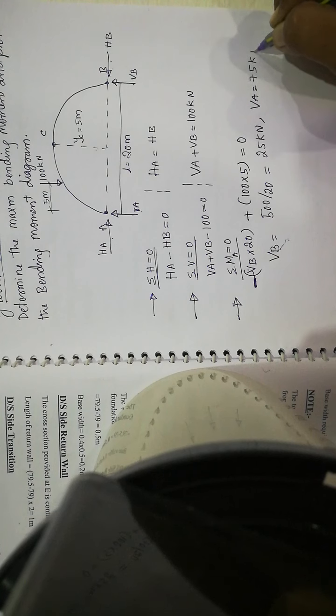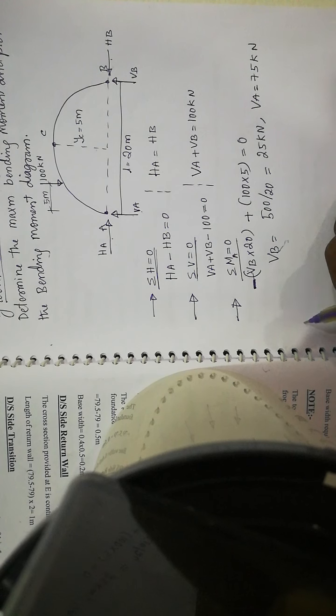So what I get here is VB is equal to 500 by 20, so I will get 25 kilonewton. When VB is equal to 25 kilonewton, VA will become 75 kilonewton. So among the 4 reactions I have found 2. Now we are supposed to find the other 2, that is HA and HB.